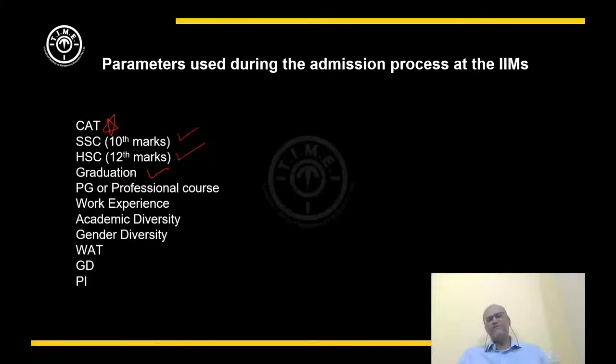So 90% marks in one university may not fetch you the same kind of weightage as 90% in another university, for example. So they will take into account the difficulty level of scoring a percentage of marks in that particular university or that particular board.